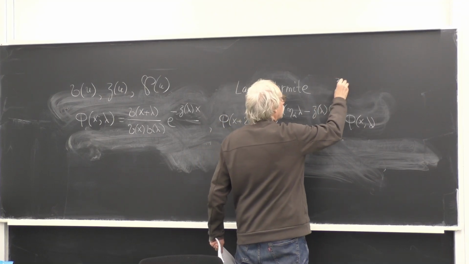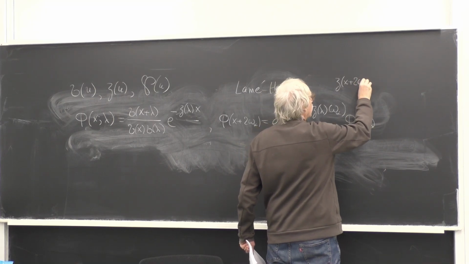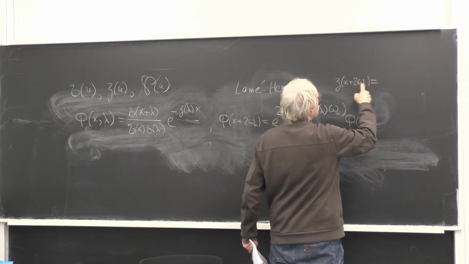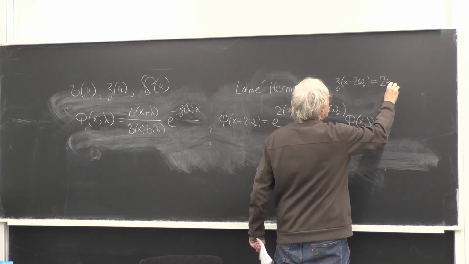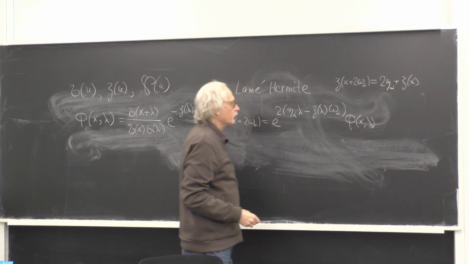Eta is a constant, which here is the monodromy of the zeta function.